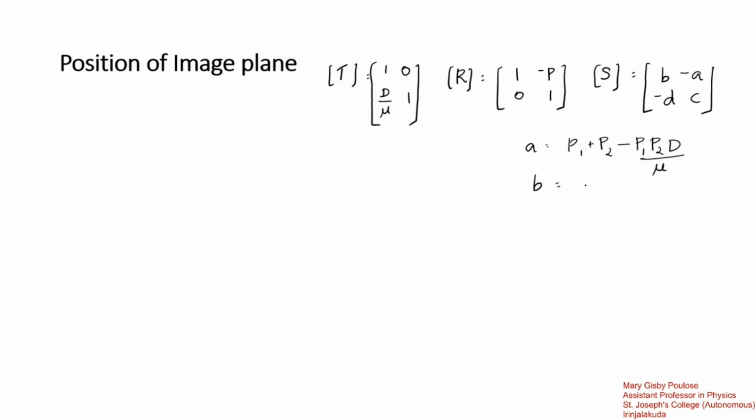B is given as 1 minus P2 d by mu. C is given as 1 minus P1 d by mu, and D is given as minus capital D by mu.